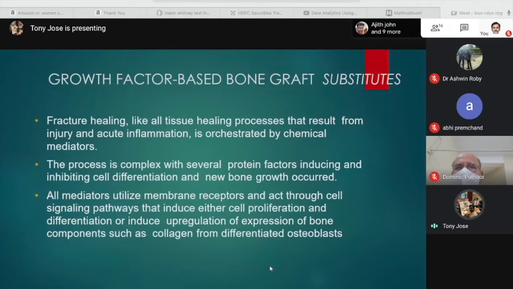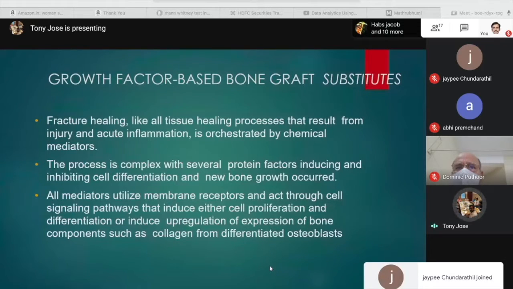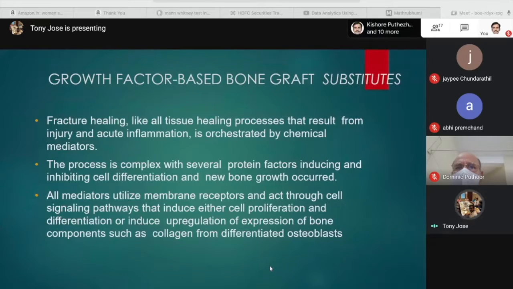Next bone graft substitute is growth factor. Fracture healing, like all tissue healing processes that result from injury and acute inflammation, is orchestrated by chemical mediators.